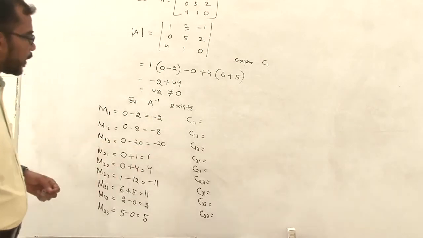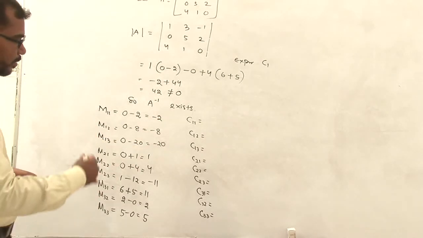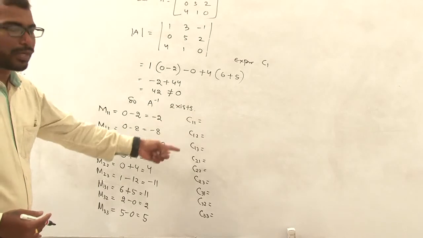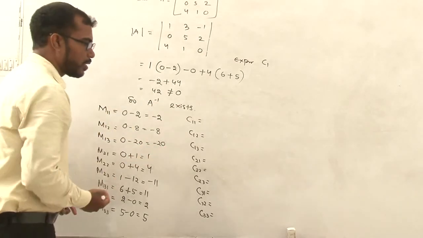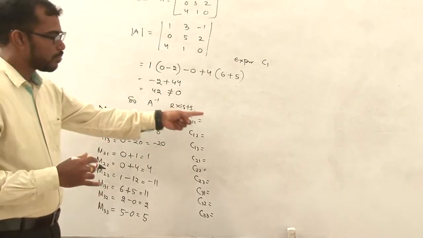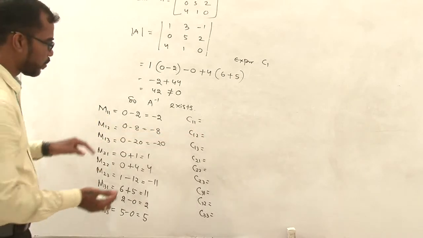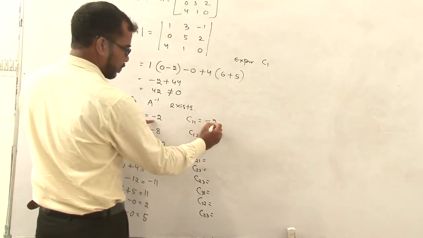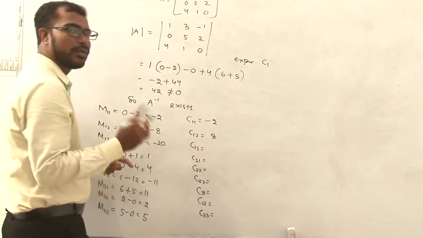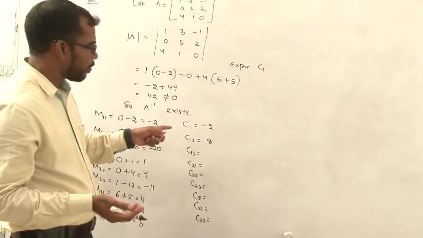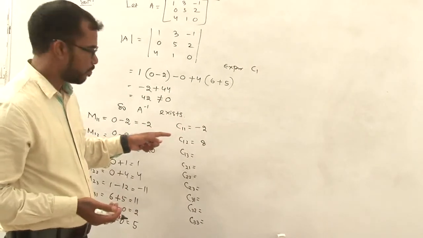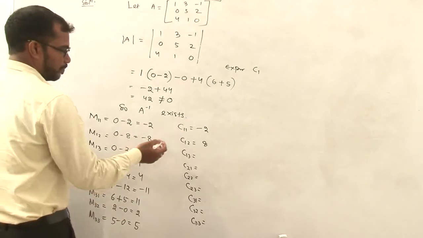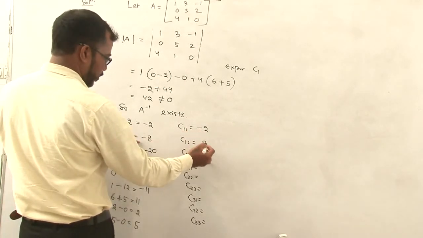In a third order determinant, we can write the cofactor by another method, using sign changes.